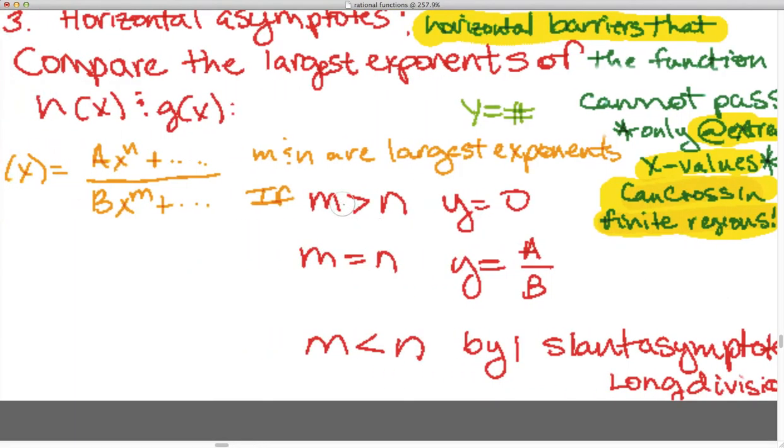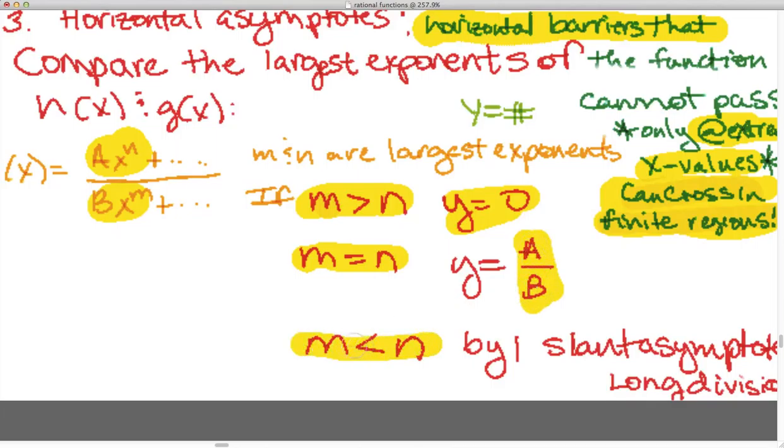How do we find that thing? Well, we look at the exponents of your function. If this is your f of x, and this is the largest term of the numerator, and this is the largest term of the denominator, whenever the denominator exponent is larger than the numerator, we get y equals 0. But if they're equal exponents, then we divide their coefficients.